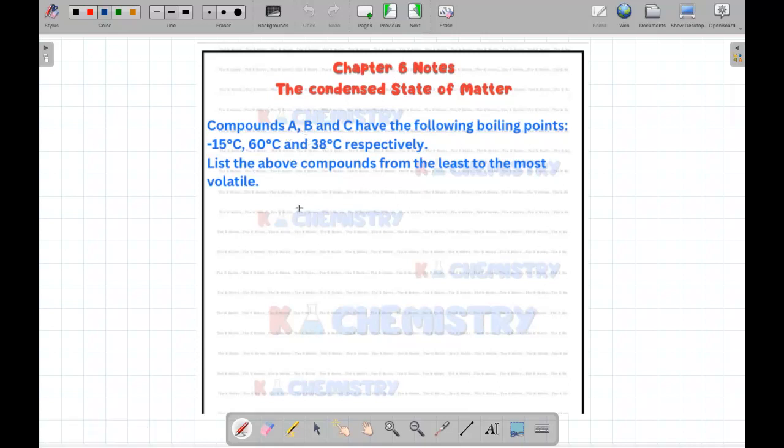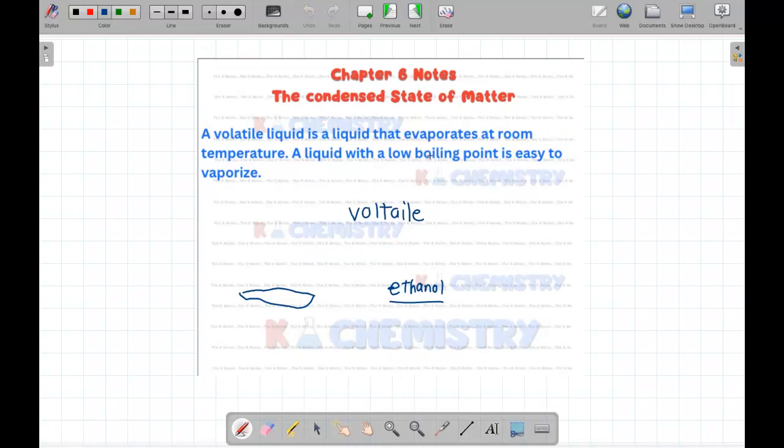So this question asks us: there are 3 compounds, A, B and C, which have these boiling points respectively. It's asking which one of them is from the least to the most volatile. So what did we say here? We said that substances with very low boiling points are easy to vaporize.